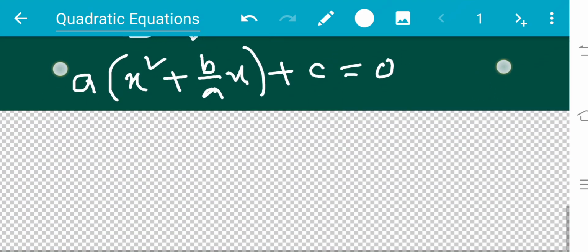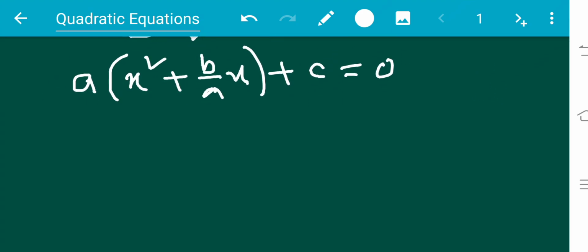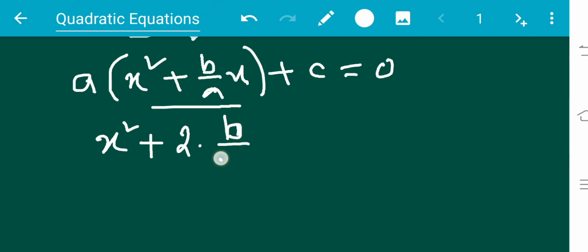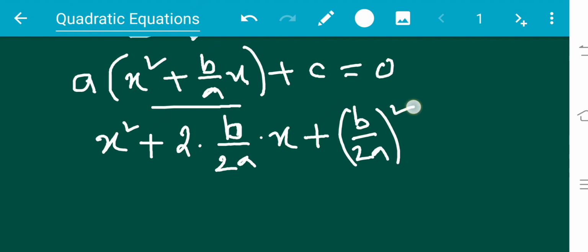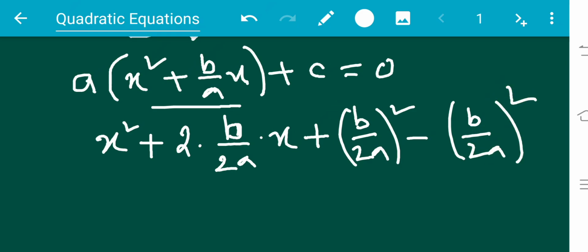Now we make this part a whole square. x square is there, so we need 2 times b by twice a times x, then we need plus b by twice a whole square, which is an extra term, so I write minus b by twice a whole square.